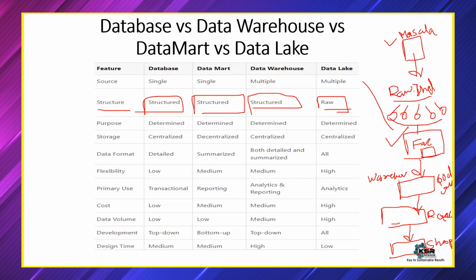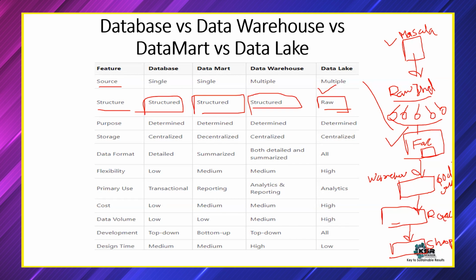Now the source for the data lake, that is the factory, can be many. It might be coming from raw fields, maybe from certain factories, or prior to the factory there are a number of raw factories where we are getting this product from. It can be multiple products, coming from multiple sources. Even in the data warehouse, the masala can be coming from multiple factories together.